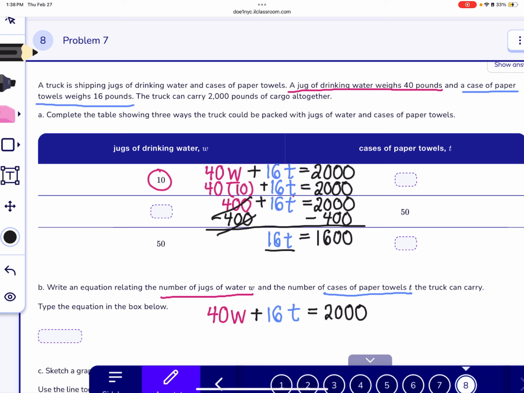And next, we are going to divide both sides by 16 because the inverse operation of multiplication that we see between 16 and T is division. So now the 16s will cross out, and we're going to be left with T is equal to 100.